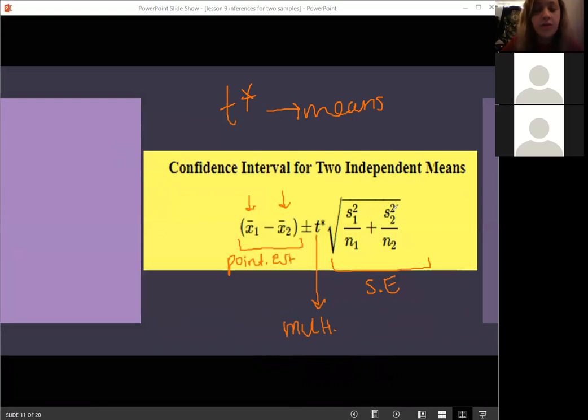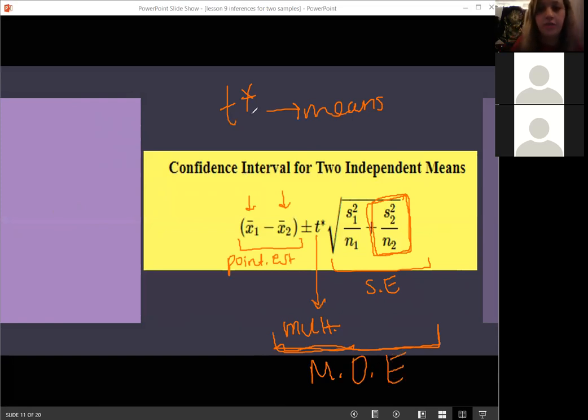The main difference between the standard error for two independent means and for one mean is that you just have to add in this second part to take into account the second standard deviation and sample size. And keep in mind this entire right side of the equation is going to be our margin of error. Once again, just to review that.